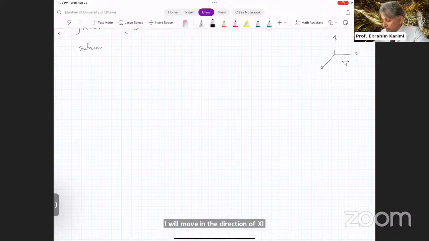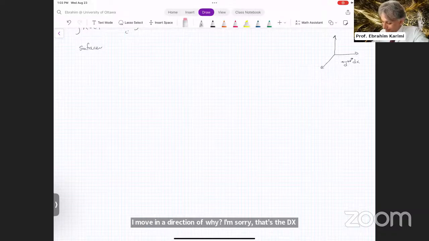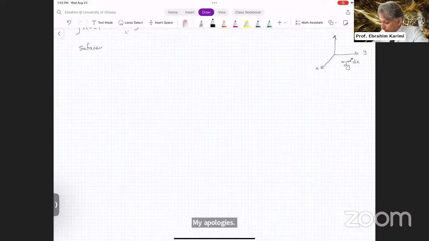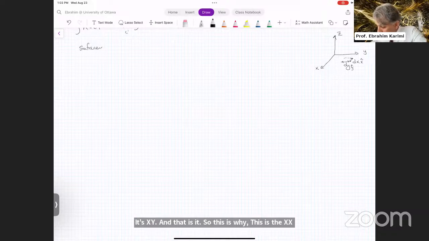I have this dx. I move in the direction of y. Oh, sorry, that's a dx and the other one is a dy. My apologies. That's x, y, and that is z. So this is y hat. This is dx x hat. So I built up a small region here.